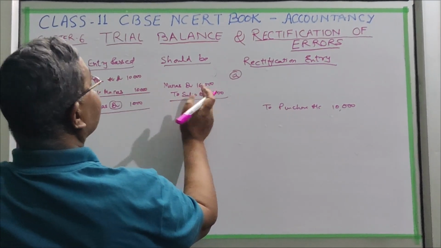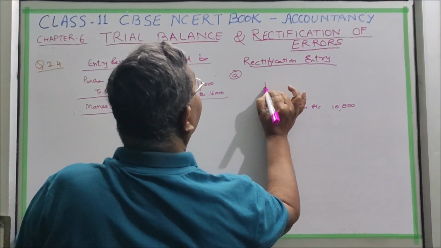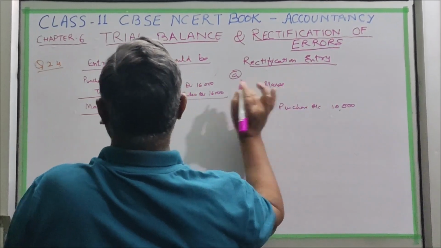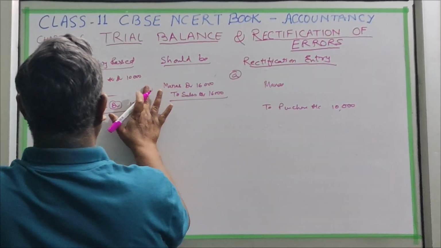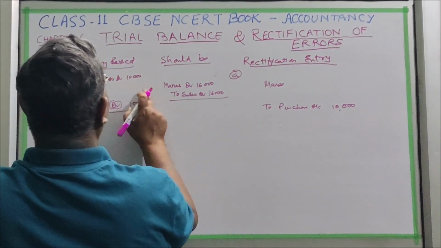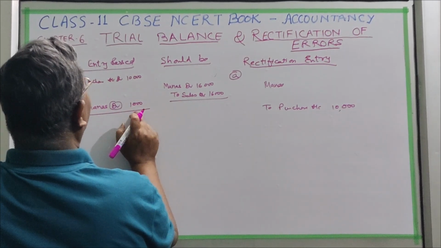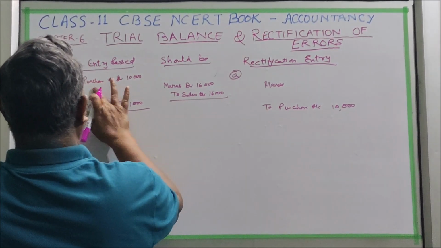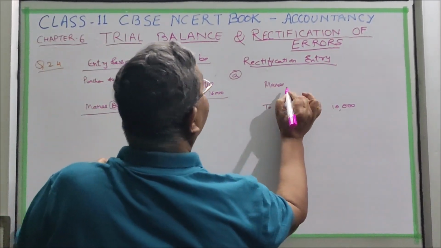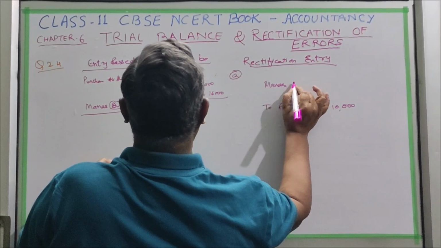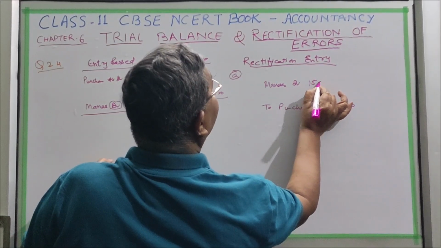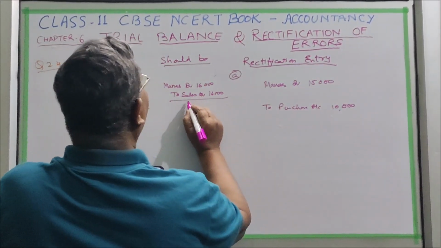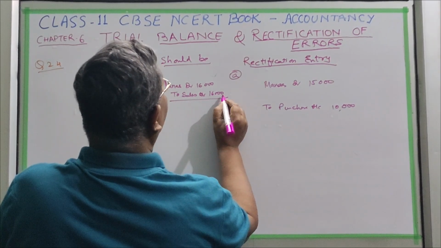So minus debit. Here you have done minus 1,000. Instead of crediting, you have debited minus 1,000. So net minus debit 15,000.